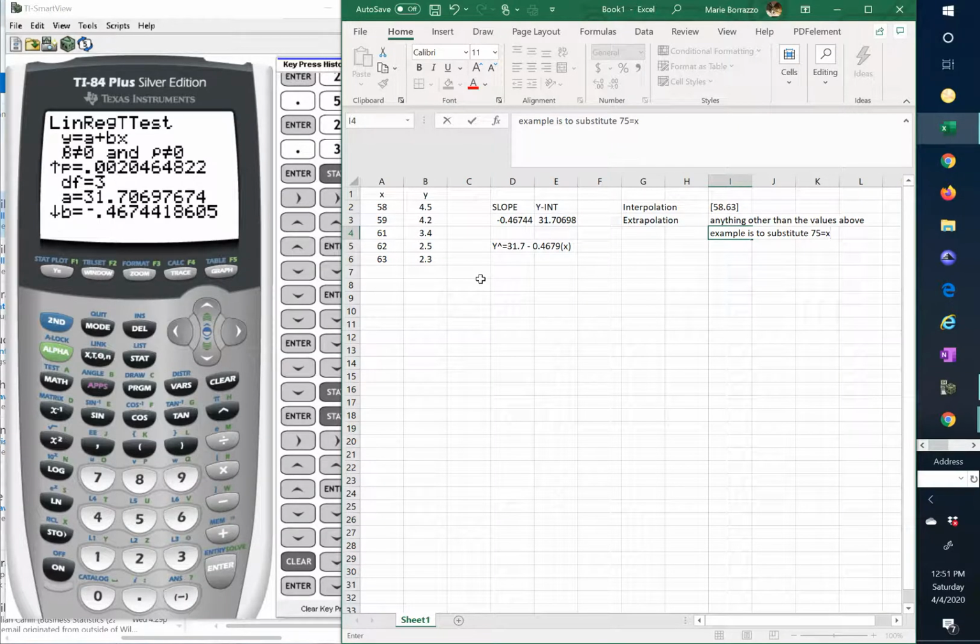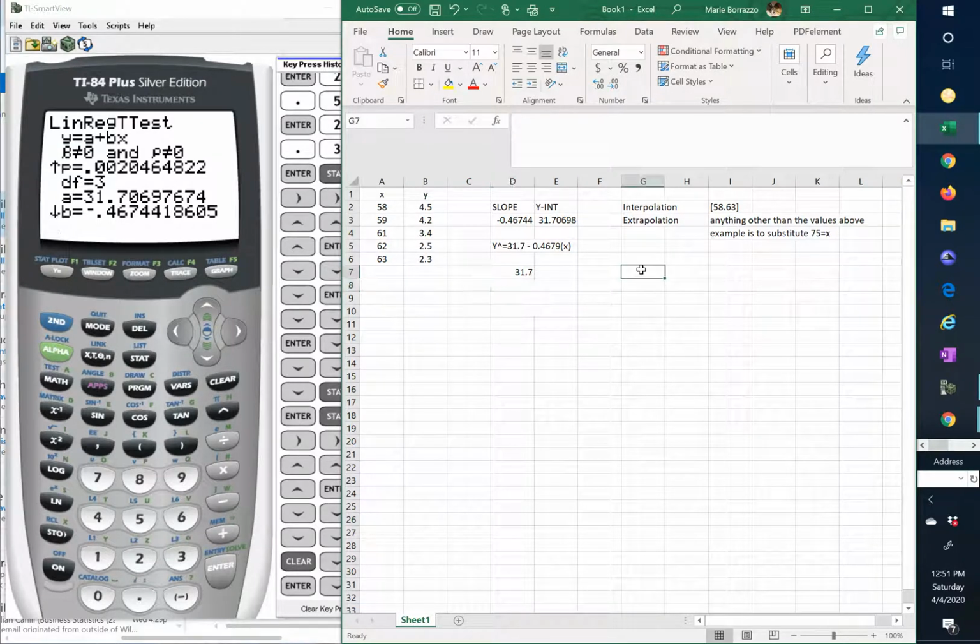And so that would give us a predicted y. So for example, if I'm looking at this as an equation, so let's go over here, and I'm going to say y is equal to 31.7 minus 0.467 times, and let's select a value, say in this cell, enter.